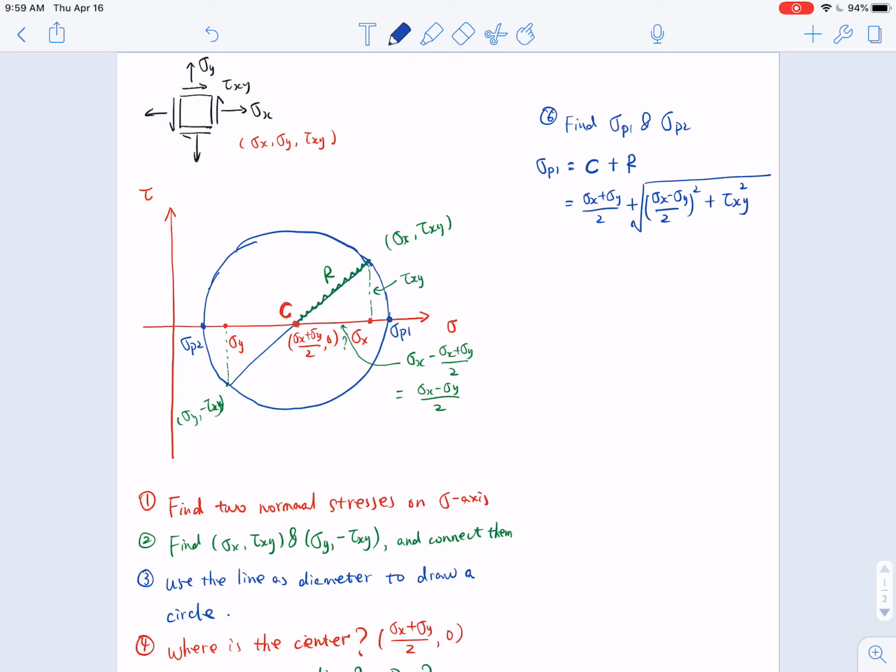Then how about sigma p2? Sigma p2 is the minimum possible normal stress at this point.